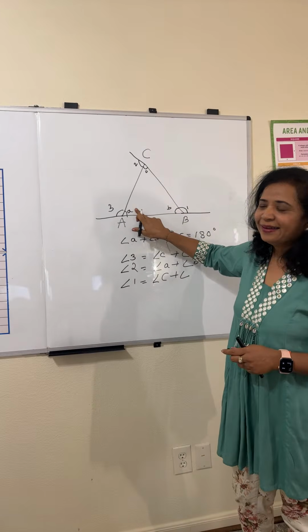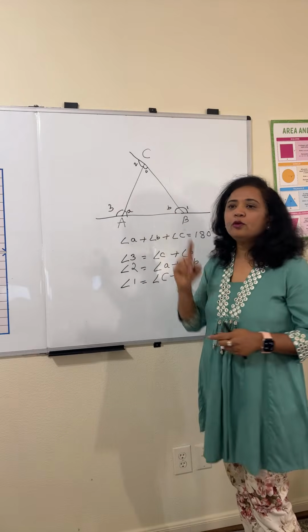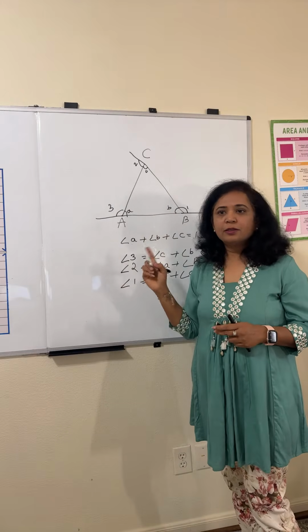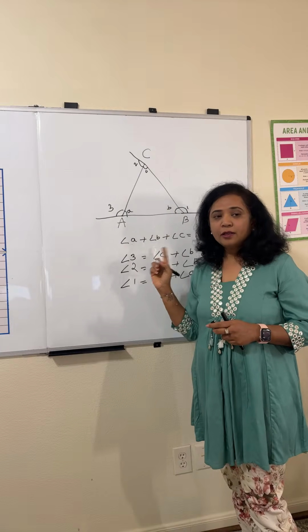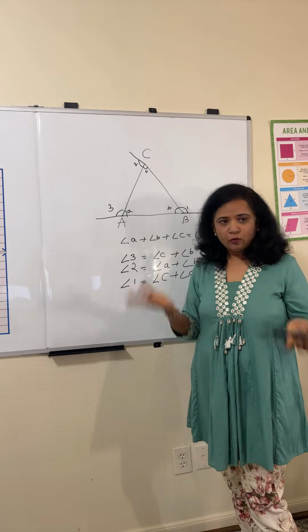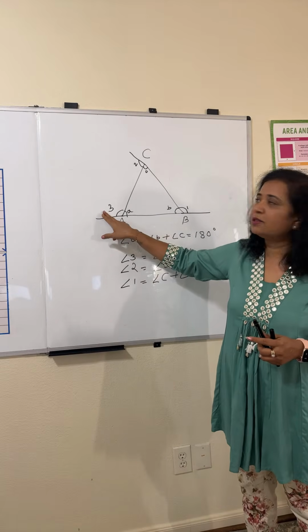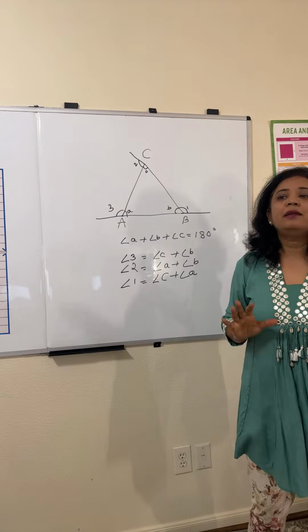C and A. So you have to look for the opposite angles. This is called the external angle theorem for a triangle. The sum of the interior angles is equal to 180, and the external angle is always equal to the sum of the two opposite interior angles.